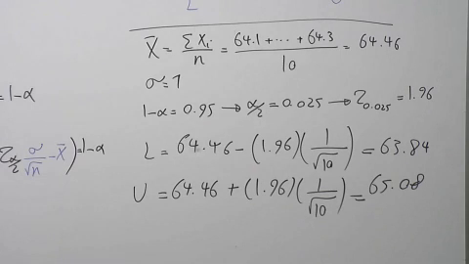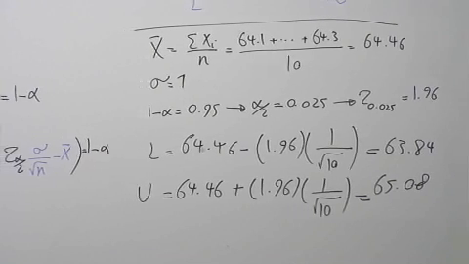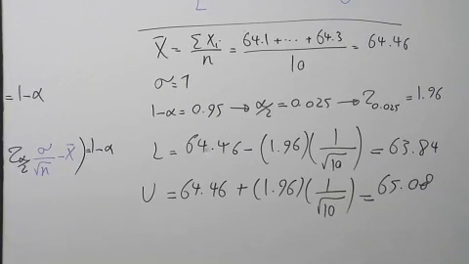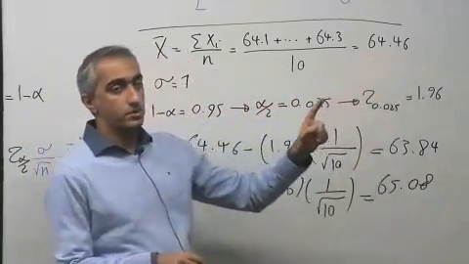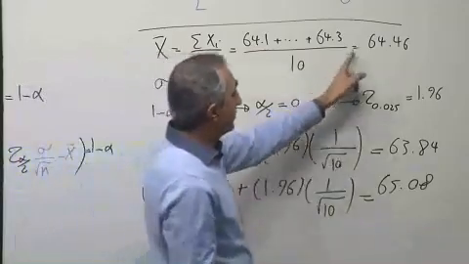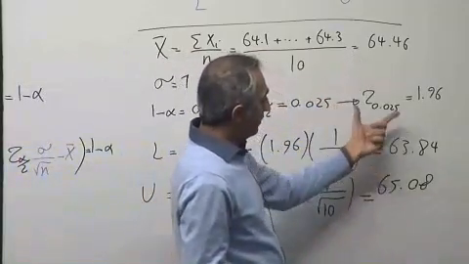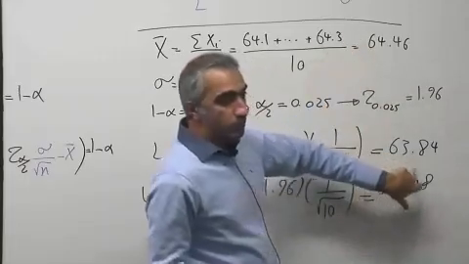Any questions? So that's the confidence interval. Although my x bar is 64.46, my confidence interval is wider and symmetric around x bar, and it says with a confidence of 95%, your mu would be between these two.